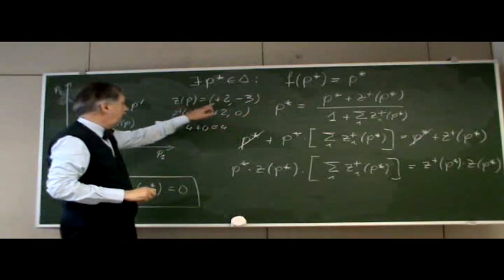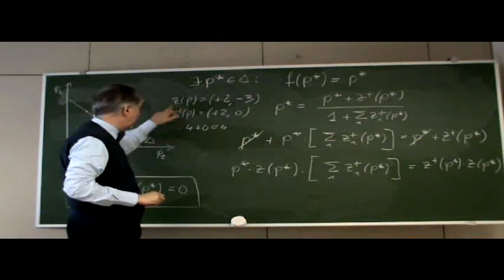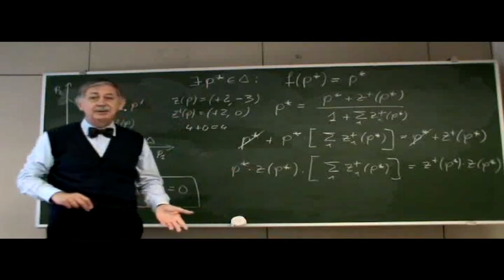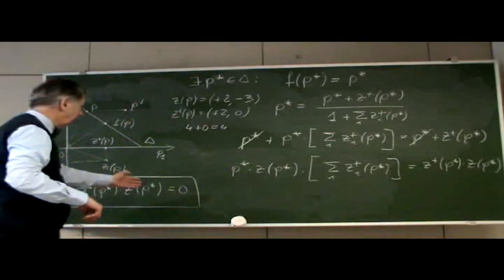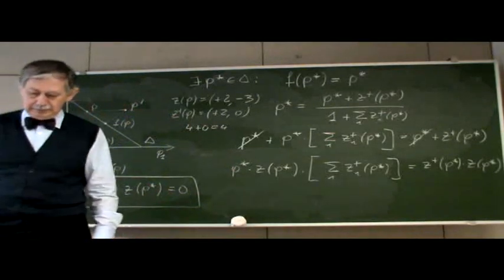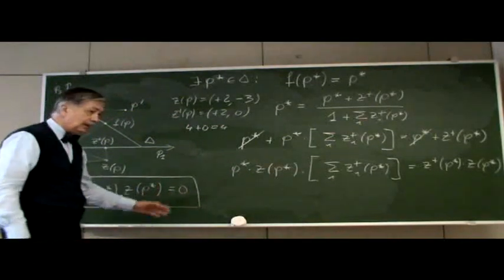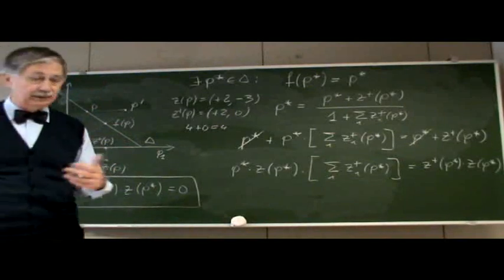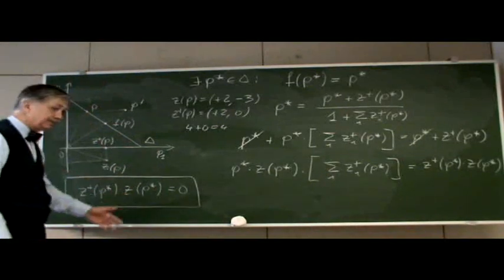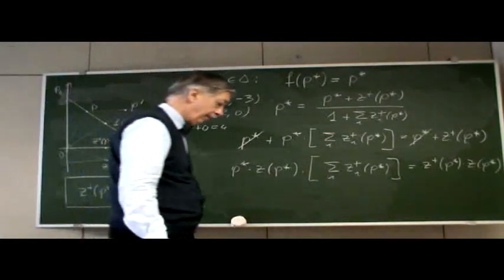Note, if the original vector has a positive component, this inner product gives a positive number, and therefore contradicts this equality. Therefore, I repeat, Z of P star must have all non-positive components. In other terms, Z plus of P star has all null components.